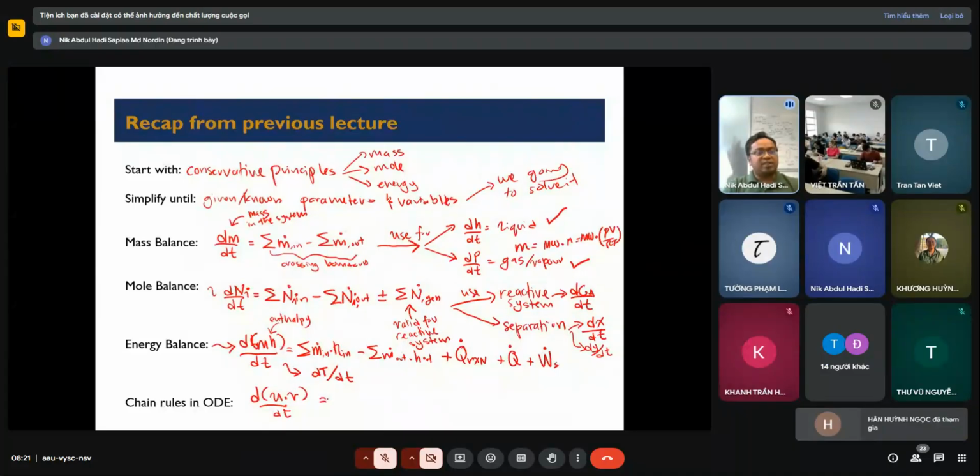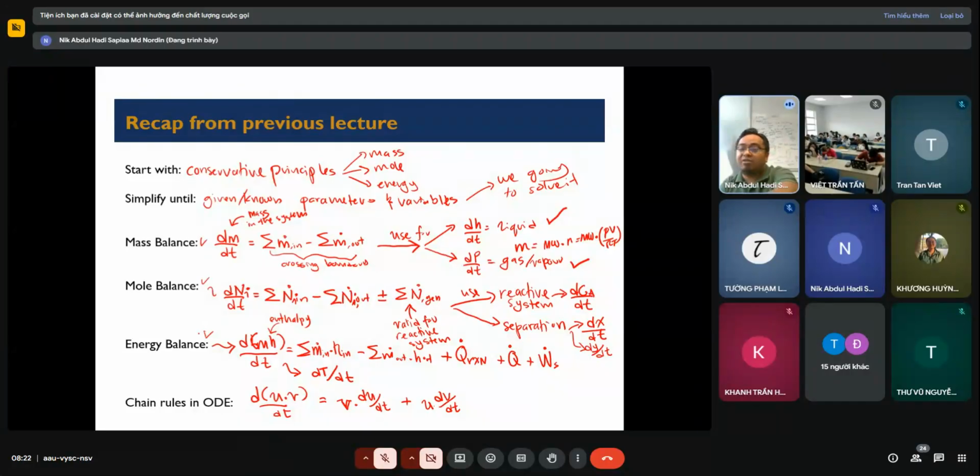So basically the change in uv over time is equal to the change in u over time at a constant v, plus the change in v over time at a constant u. So this chain rule we are going to apply to all mole and mass balances in order to simplify our process even more.